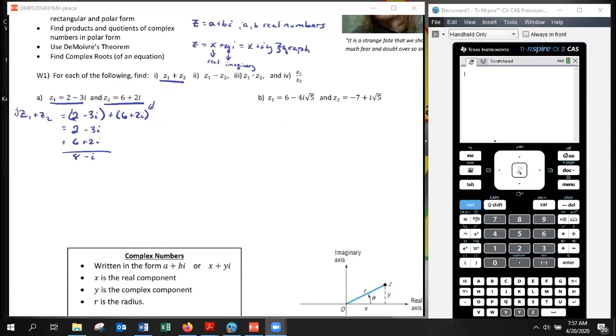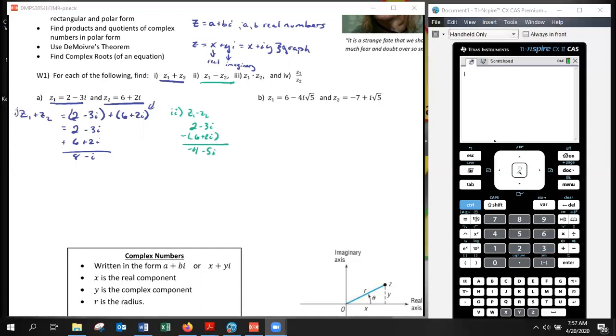On to the second one. What happens when we subtract? Z1 minus z2. Once again, I will take my 2 minus 3i and subtract my 6 plus 2i. It shouldn't be too hard because this is really just like adding and subtracting like terms.